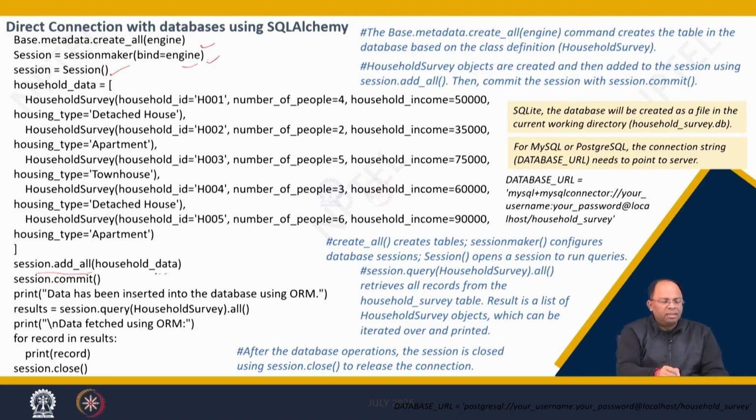Once that is done, the data is automatically added to that table, and then we can commit the session with session.commit. That means for this session we are saving everything.